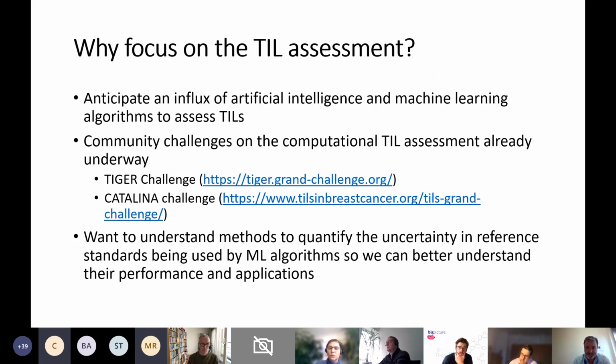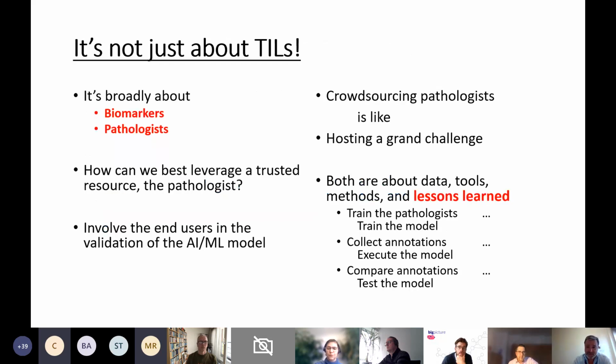So why do we focus on TILs in this project with the FDA? For the reasons I mentioned, it's a big topic these days. It's increasingly being implemented in clinical trials. It's increasingly being implemented in daily practice. And there is a tremendous amount of effort on validating AI tools for the TILs.